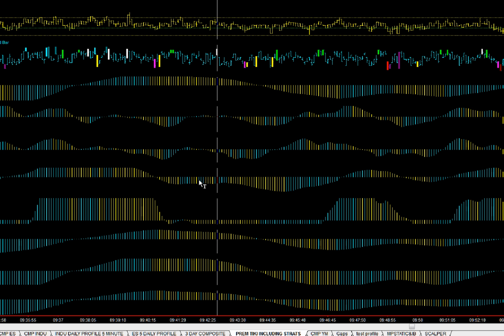In addition to that, the last three modified RSIs are charting the activity in three other market symbols. Markets that can have a significant bearing on the movement of the SPOOs.